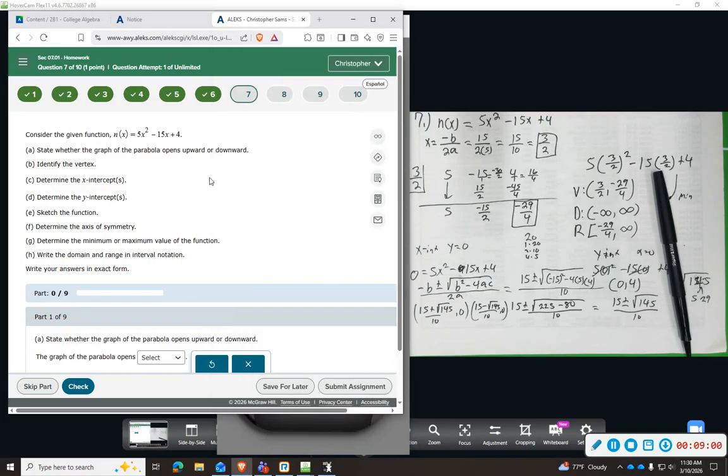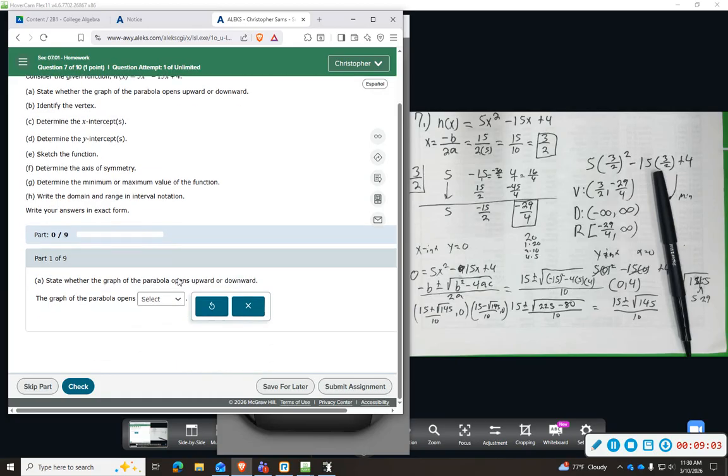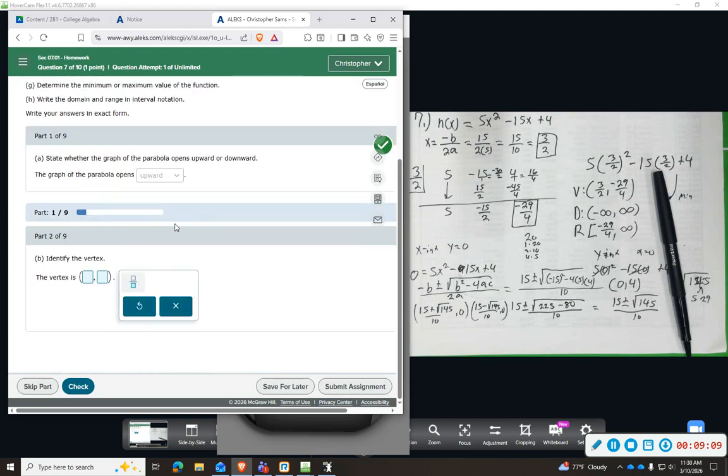Okay, so it looks good. All right, we can start entering everything. The parabola opens upward because a is positive. The vertex is 3 over 2 and negative 29 over 4.